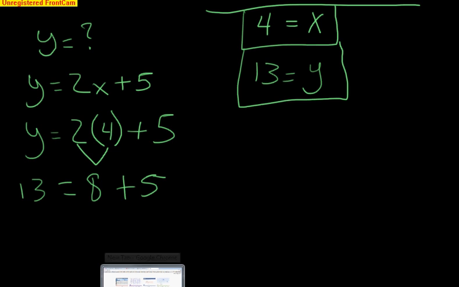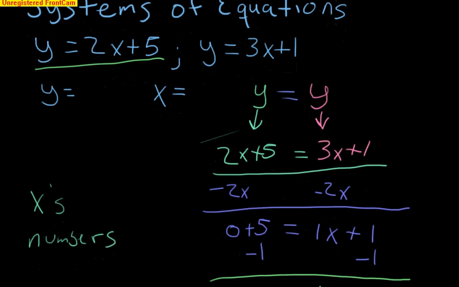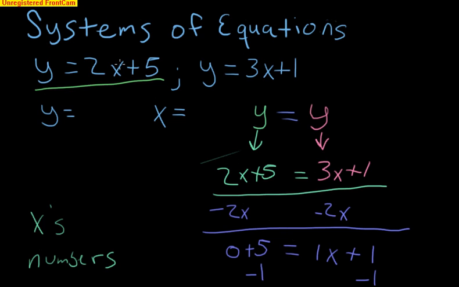What I want you to do now is think about the three steps and review with yourself. I began with my system of equations. And the first thing I did was I set them equal to each other. Y equals y. Once I had them equal to each other, I began to combine like terms.